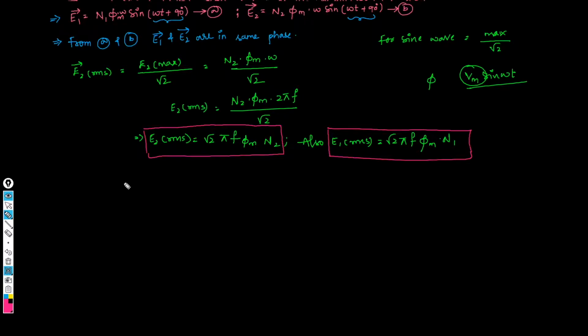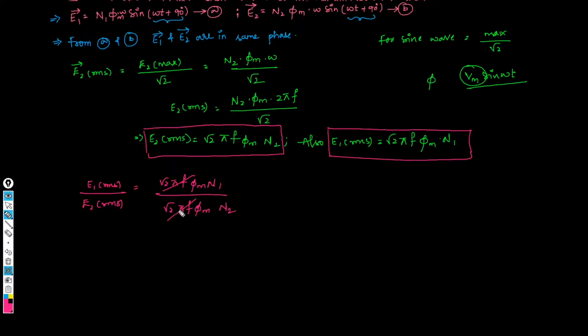Now if we divide these two equations, E1 RMS value upon E2 RMS value, we get root 2 pi f phi m into N1 upon root 2 pi f phi m into N2.